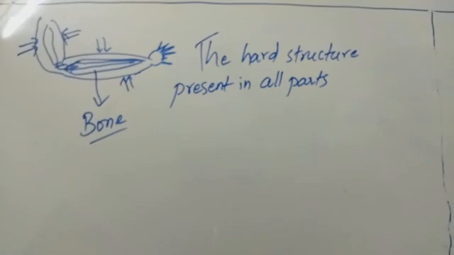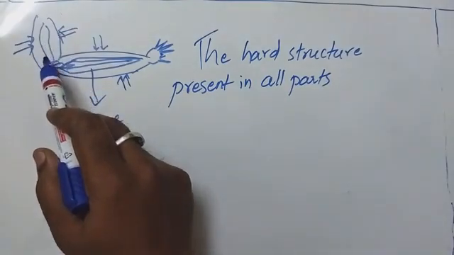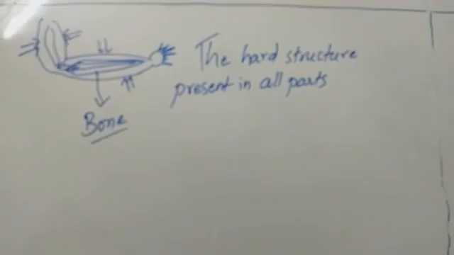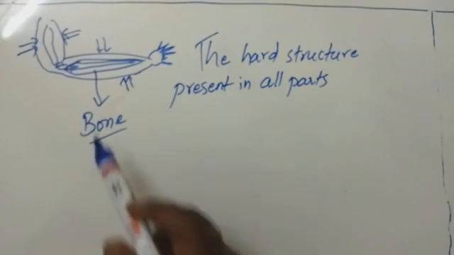So at joints, what will happen? The end part of the bone in one part, so here it is the hind arm.